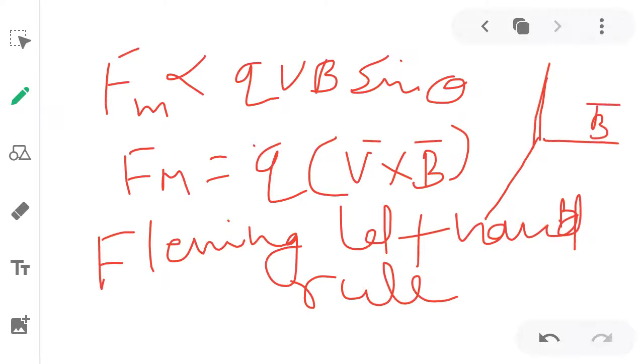The forefinger represents the field, and v is the direction of the moving particle. Then the thumb will be perpendicular to v and B. So I am finishing it now. We will continue later.